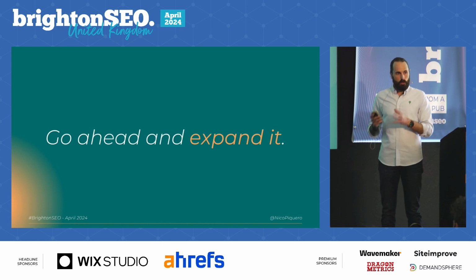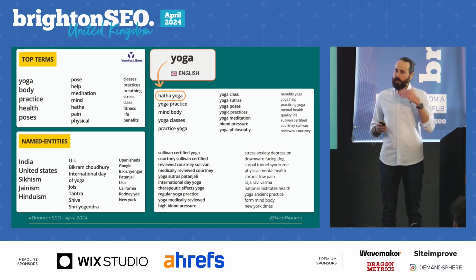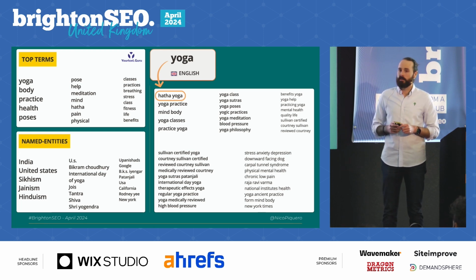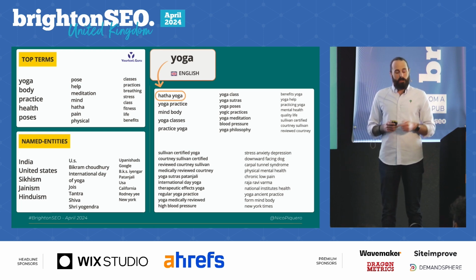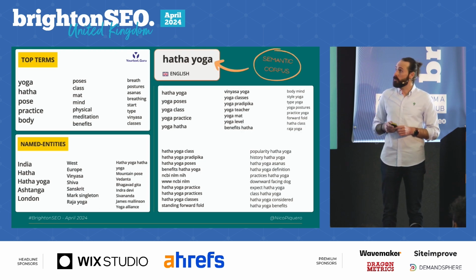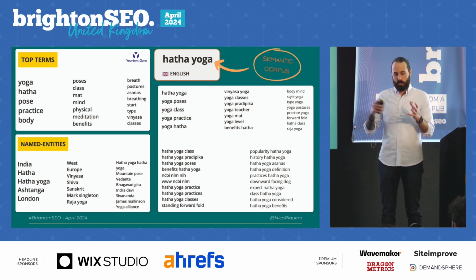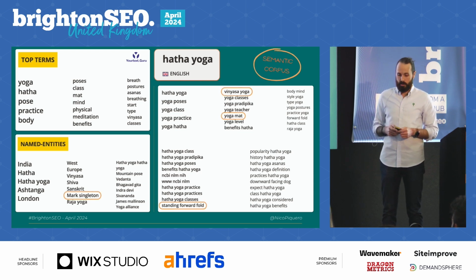So let's now close the entity chapter and get back to our research and expand it. We just selected Hatha Yoga as one of our related topics. Now, if we start to analyze the Hatha Yoga semantic corpus, same here, we are going to find different terms that we can use in our Hatha Yoga copy, and we can find some potential content ideas, such as Vinyasa Yoga, Yoga Mat, Standing Forward Fold, other entities.